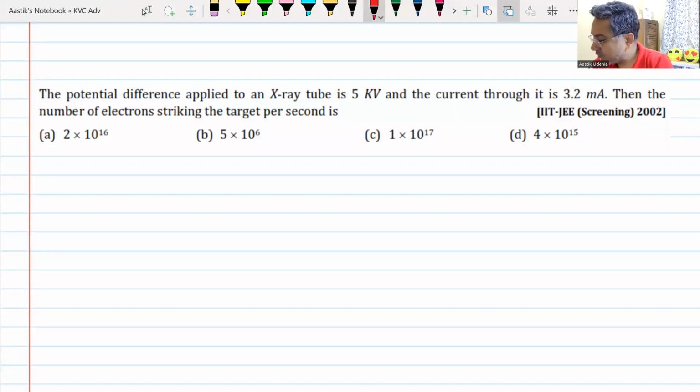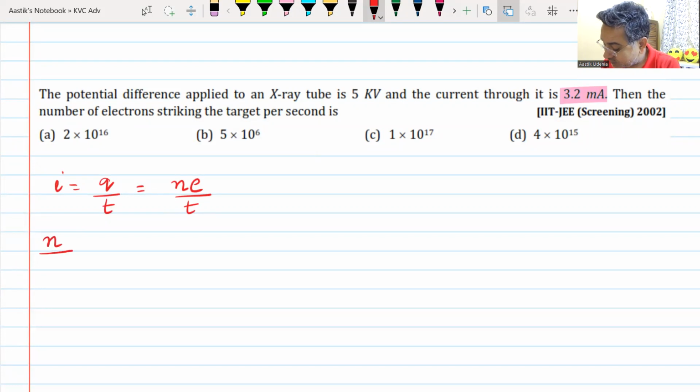So how are we supposed to do this? It is given that the current is 3.2 milliamps. Current is total charge divided by total time. Total charge is number of electrons multiplied by the charge of an electron, divided by total time.